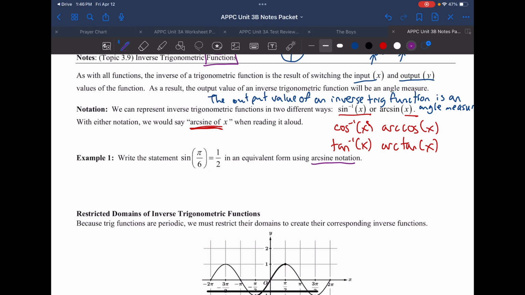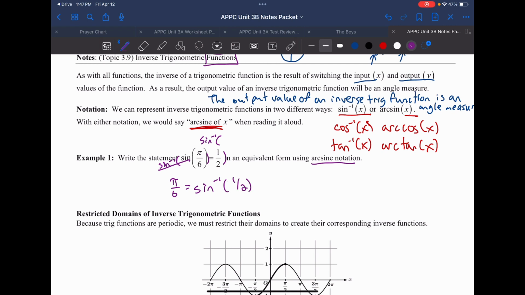So basically, I'm trying to get pi over 6 out of the parentheses, so I'm going to do sine to the -1, arc sine, on both sides, and these cancel out because they're inverses, and I have pi over 6 equals sine to the -1 of 1/2.